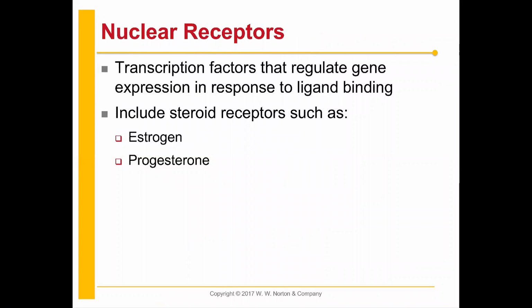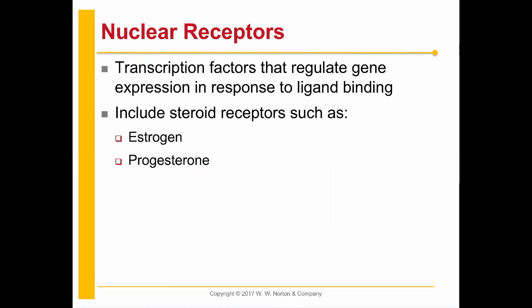All right, nuclear receptors. If you're going to propagate a signal and you want to change the environment of the cell, you have to get that message to the nucleus to regulate gene expression. We'll talk in a lot more detail about this, I think in chapter 8.